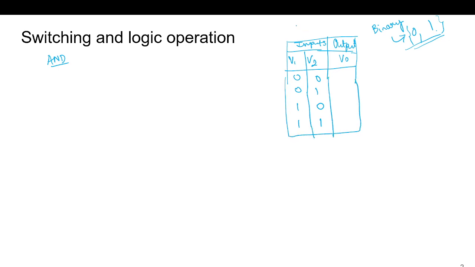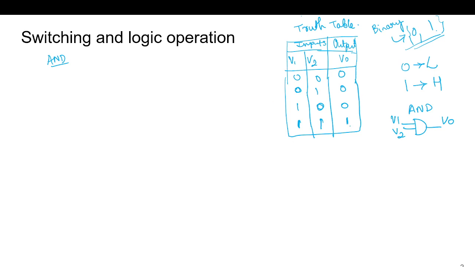This we call the truth table, where 0 represents logic low and 1 represents logic high. This is the symbol of an AND gate: V1, V2, V0. In AND gate operation, when both the inputs are 0, output is 0. If any one of the inputs is 0, output is 0. When both are 1, the output is 1.